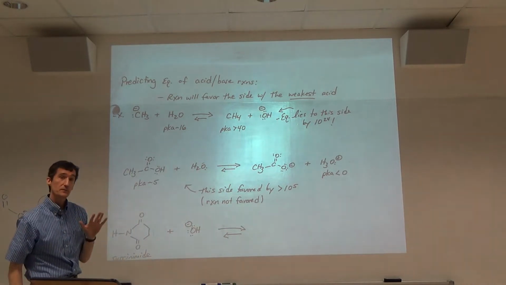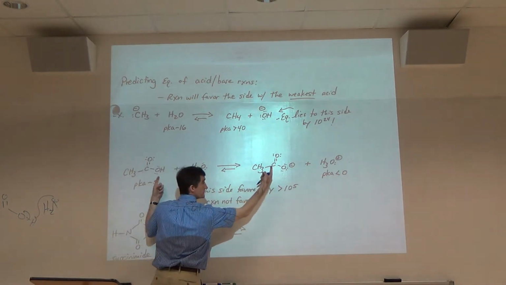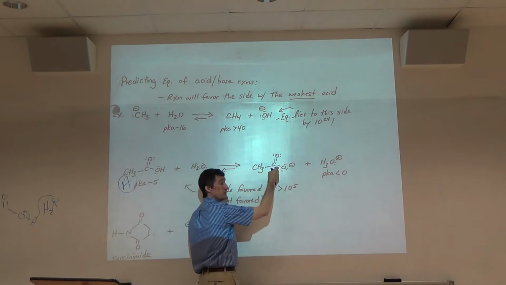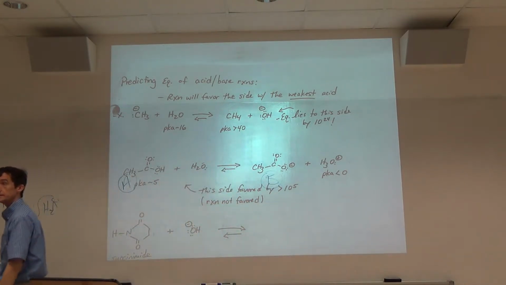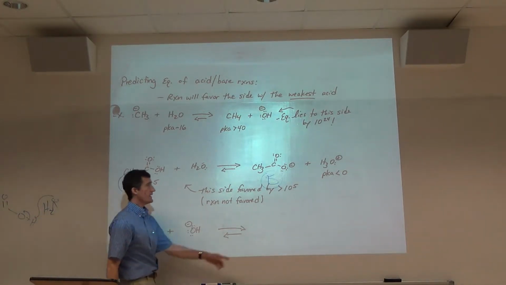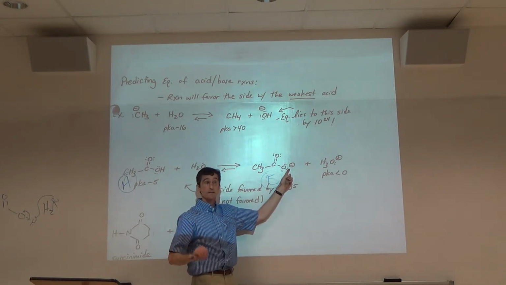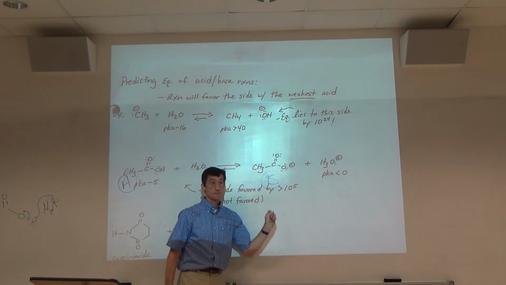Here's a big hint: the acidic species is the one with the H. This is your acidic species, and that's your basic species. The acidic species has the H. Please don't think the basic species has a minus. I did not say that. This example had a minus; in other examples, it may be neutral. What is always the case is the basic species does not have the H anymore.